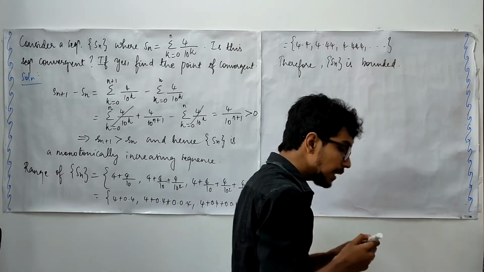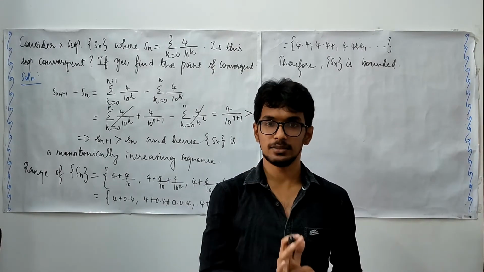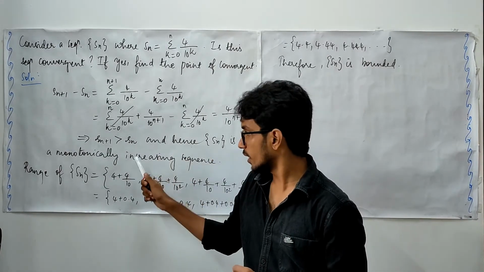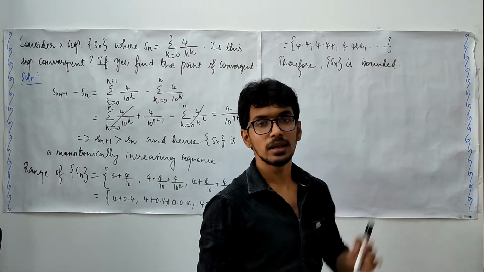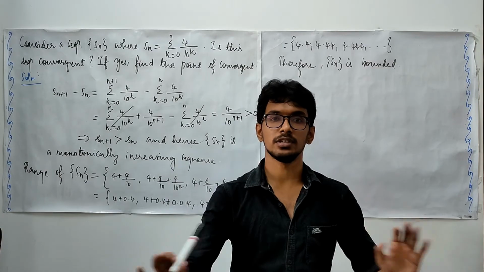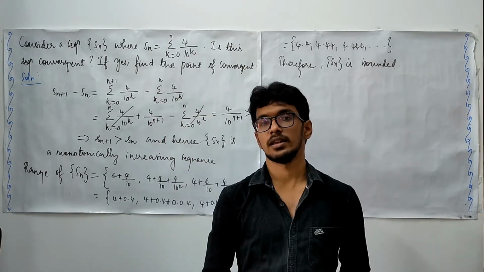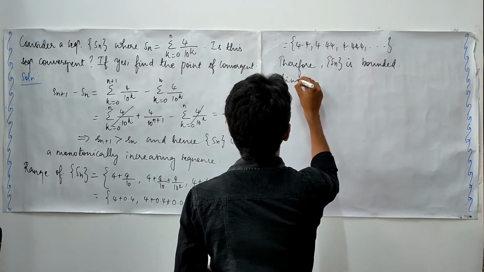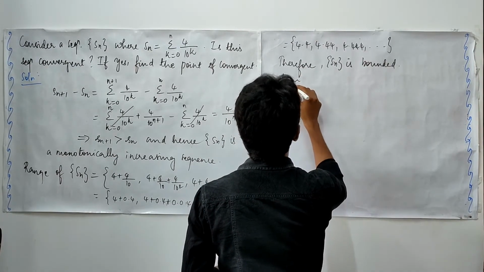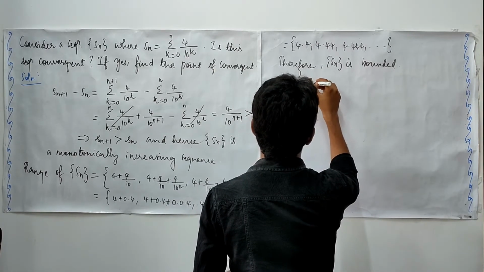If we are asked to find out only the convergence, we have proved it is a monotonically increasing sequence and also that it is bounded. Hence we may conclude that it is convergent. But we are asked to find out the point of convergence as well. In order to find the point of convergence, we have to find out the supremum of this set, that is limit n tends to infinity Sn.